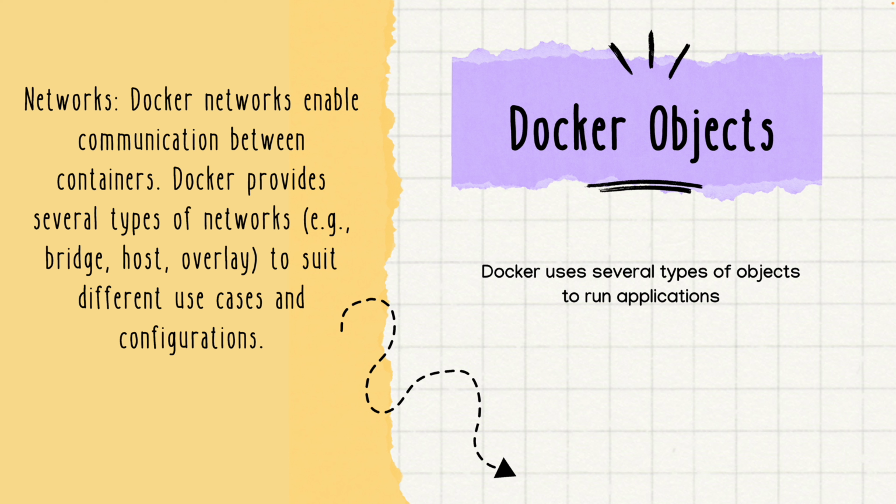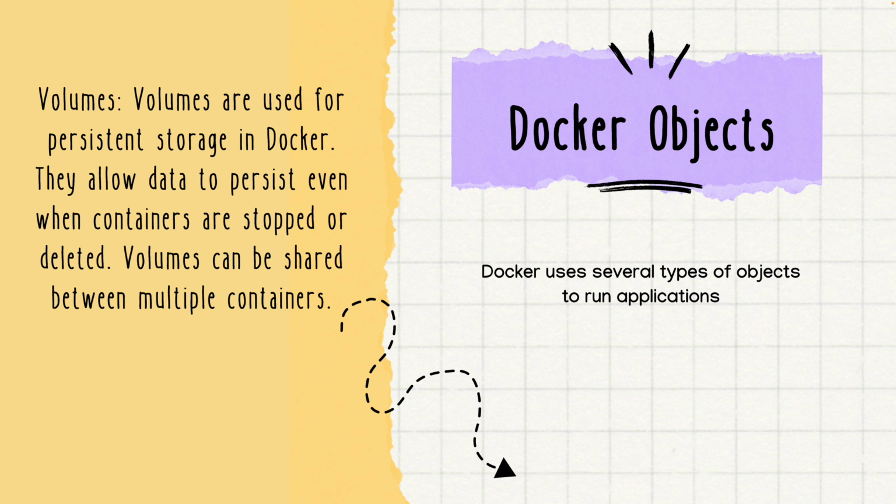We will go in depth through these types of networks, but to understand the Docker internals, this should be enough. Then there are volumes, which are used for persistent storage in Docker. They allow data to persist when containers are stopped or deleted, and they can be shared between multiple containers as storage disks which can be mounted to a container.